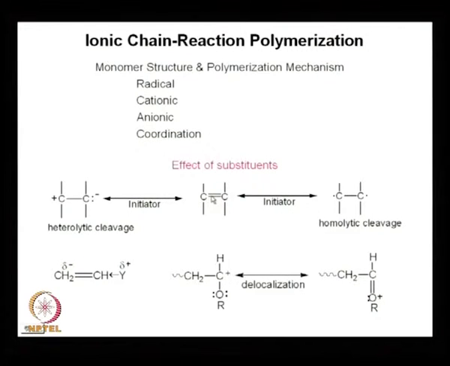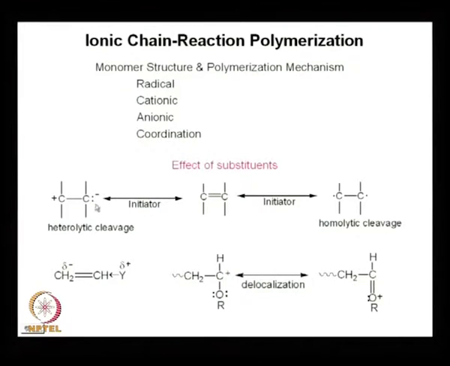This polarization depends on the electron withdrawing and electron donating nature of the substituent. Here you see homolytic cleavage producing free radicals, and on one side an initiator free radical can combine, leaving behind this free radical for addition of further monomer units. So, growth of the polymer chain by free radical mechanism.